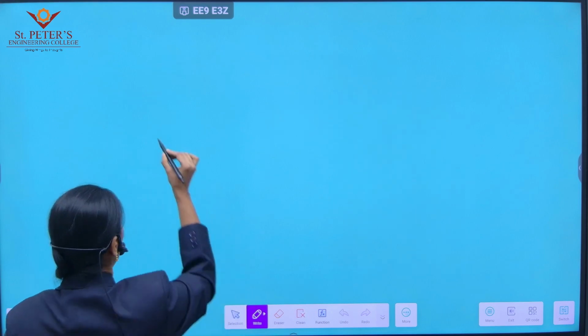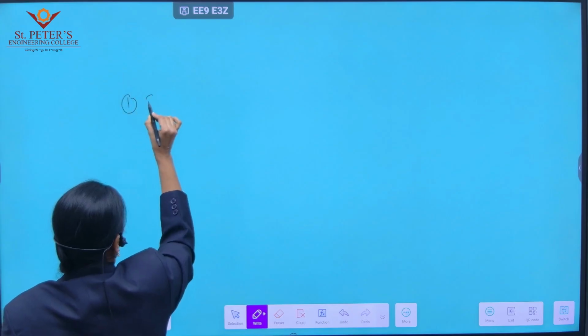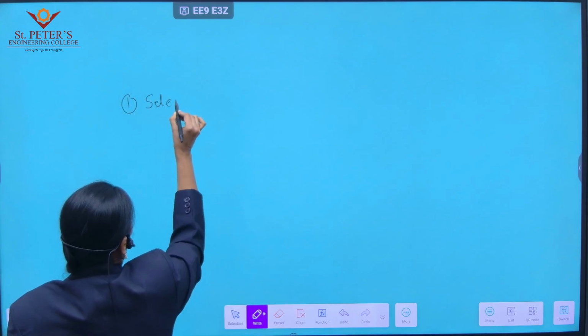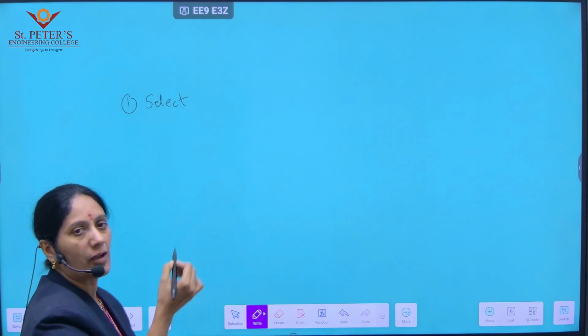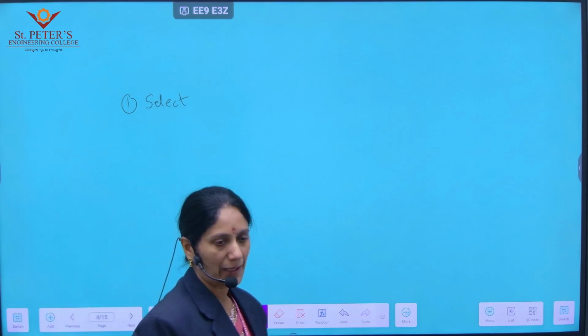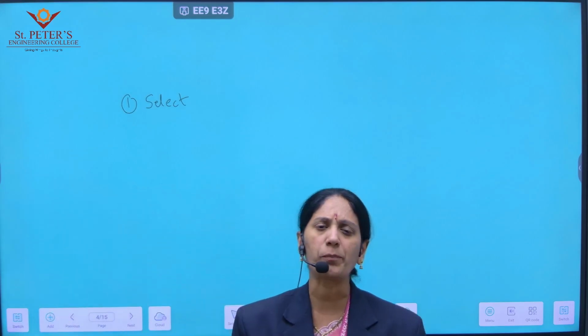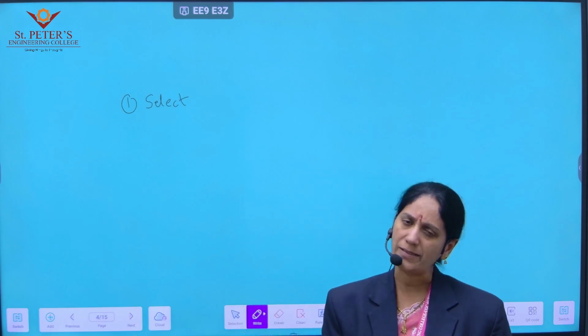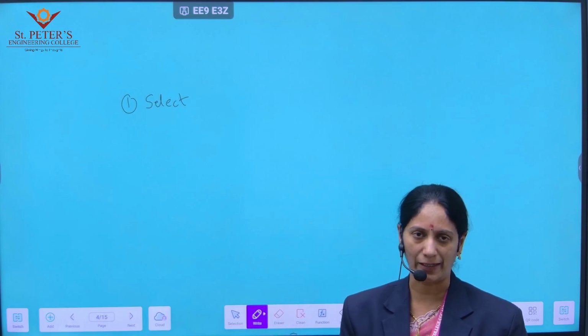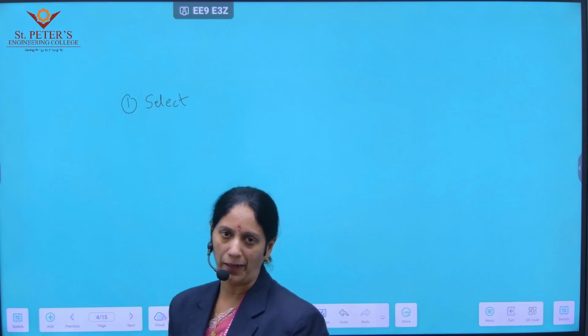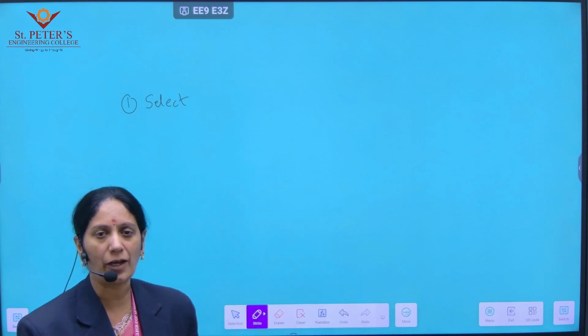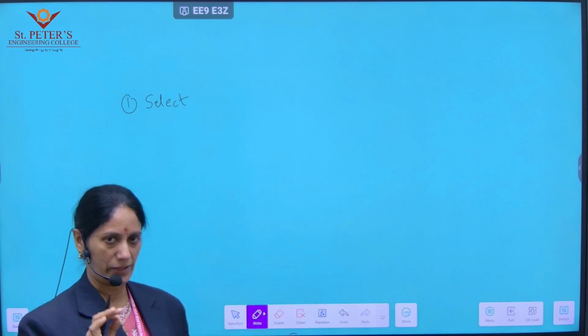The first operation is the select operation. Simply, what is meant by select? Select is to select the data from the relational database.